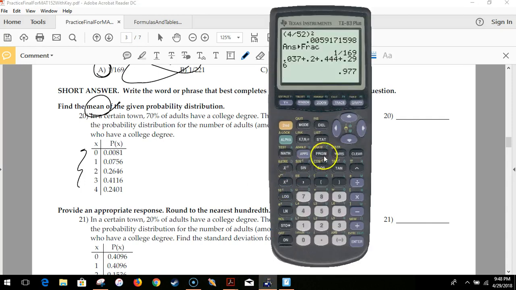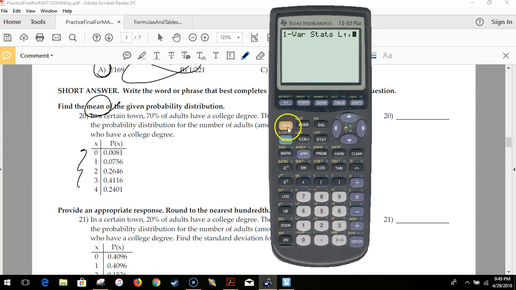So, chapter 5 was the only time that we had to link our list because our lists were not really just lists, they actually represented a table. So when you put these all in, you could still run one vars to find the mean, but when you do that, you have to say that your list is L1, which is probably there by default if you have a newer version of the calculator.